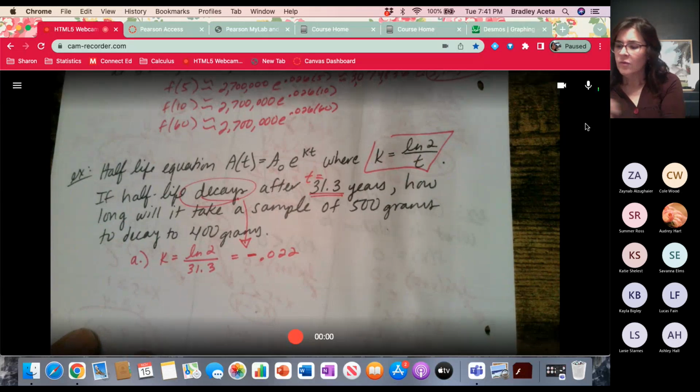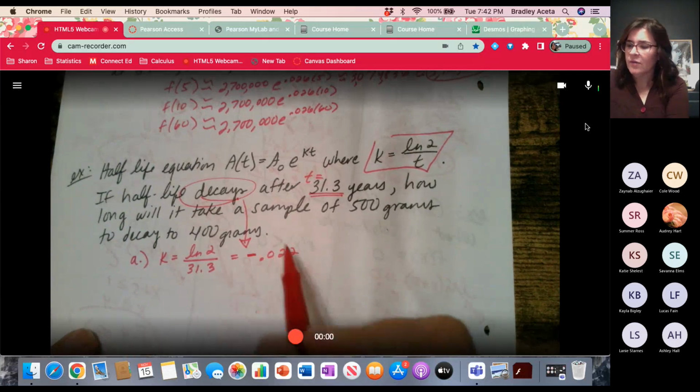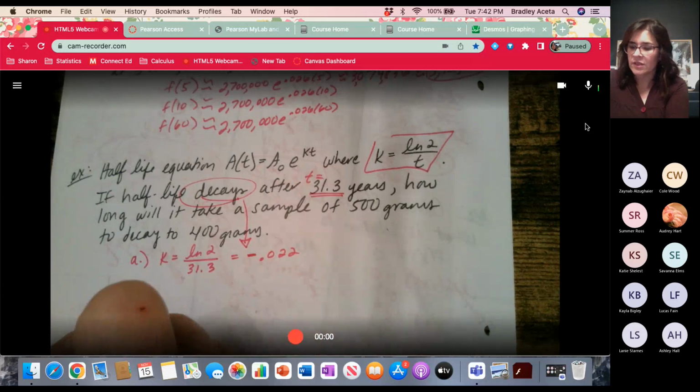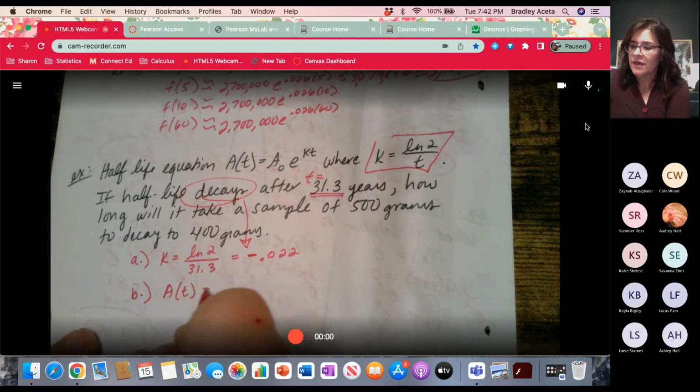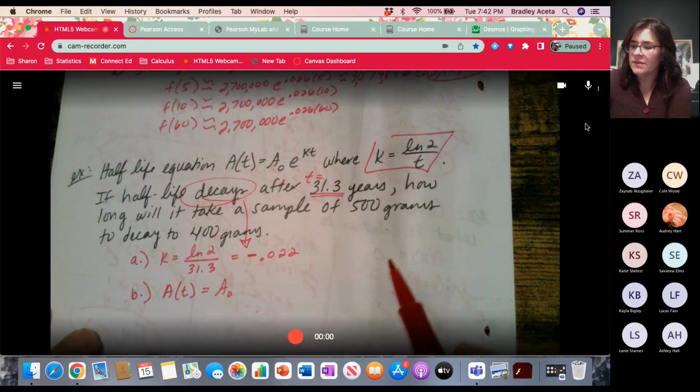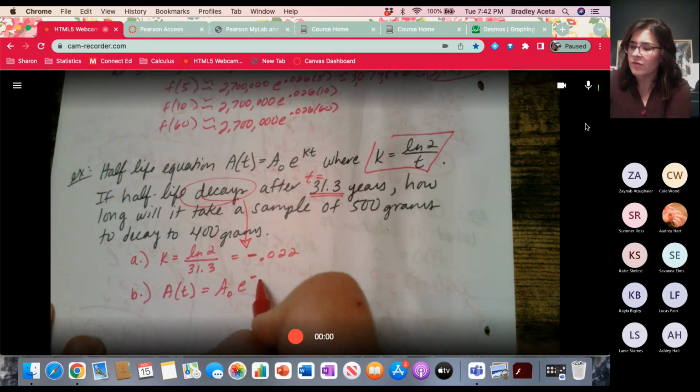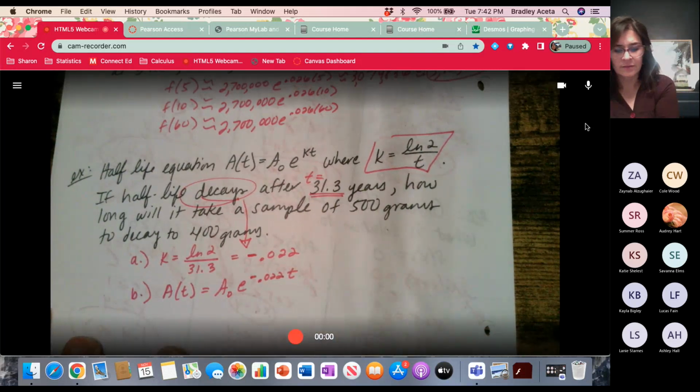So now we're going to use this k and plug it back into this equation. So A of t now equals A sub 0 e to the negative 0.022 t. And we're going to use it to answer the second part, which said, how long will it take a sample of 500 grams to decay to 400 grams?